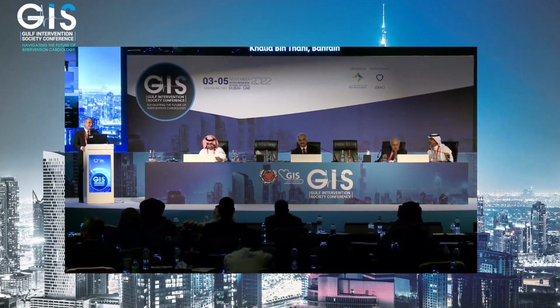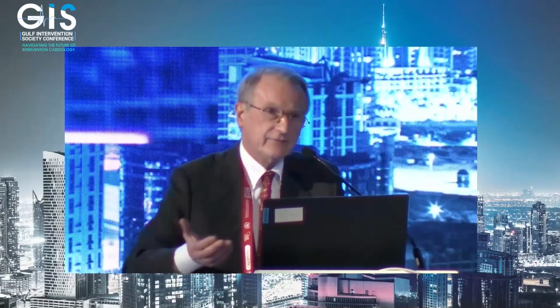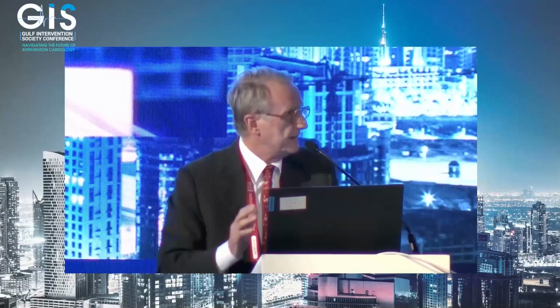Okay, the criteria are, one, if I see an occlusive dissection, I do one trial with prolonged balloon inflation, and if after the prolonged balloon inflation I still am not sure, I go for stenting. Because again, my goal now is safety, so I don't want to take any risk. So if I see a dissection that is angiographically not good, I go for stenting.